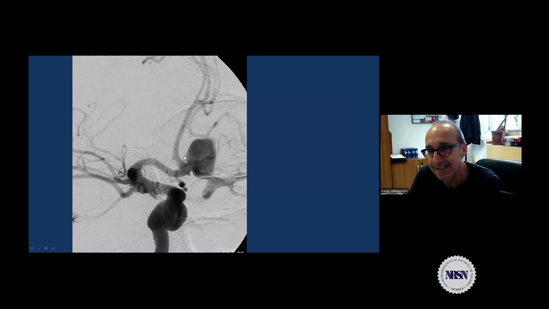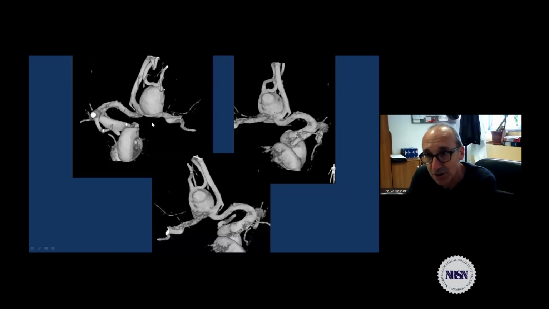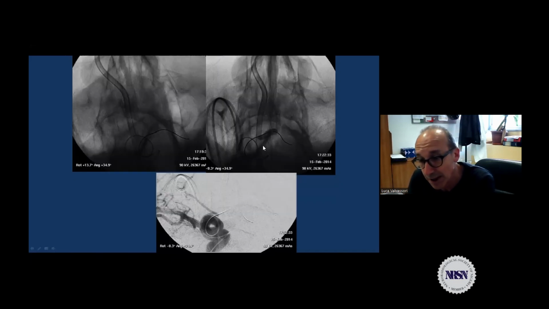In this case, an anterior communicating aneurysm, you see there's an artery going in here, and another one going out here. So the neck of the aneurysm is very large. This is a 3D reconstruction of the aneurysm. In this case, we have to invent something different.